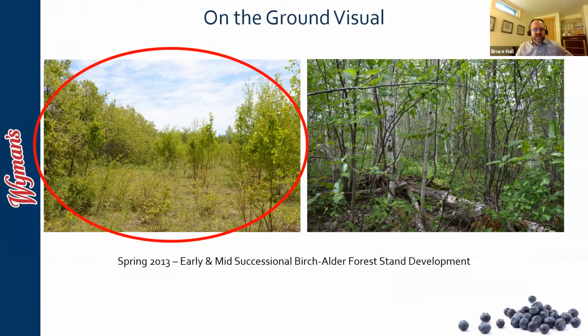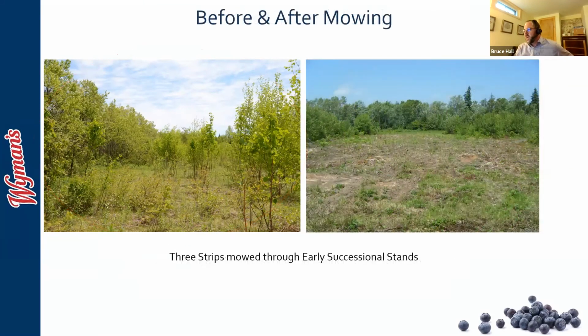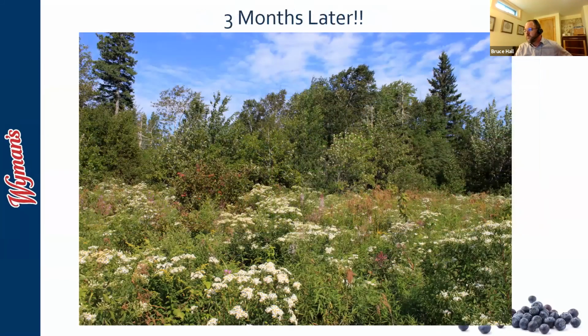This area is much more easy to modify than the other area. So we started here. And what we did is we actually mowed 3 different strips through that successional stand. And here you can see one of the strips. We did that so we would stagger the habitat. So you have a certain level of heterogeneity that was created. Three months later, this is what that mowing looked like, just by getting the sun to the ground.